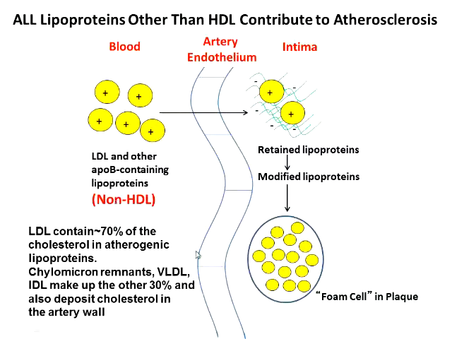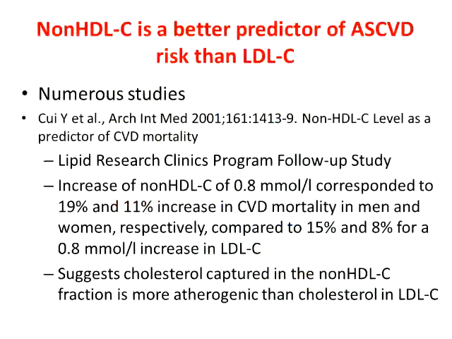So LDL contains about 70% of atherogenic cholesterol, and the remaining 30% is contained in these chylomicrons, VLDL and IDL. So it would seem to make sense to count all of the atherogenic cholesterol, not just the LDL cholesterol, when you're trying to assess a person's risk.